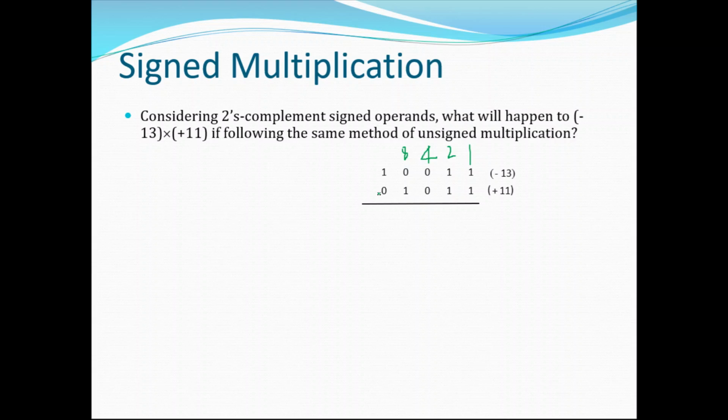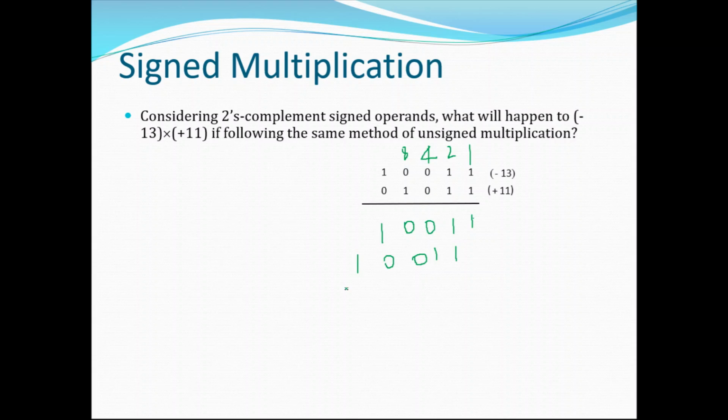Now perform multiplication. If you perform multiplication, what will you get? Multiply this 1 with this, so you get the same thing, 10011. Again multiply by 1, so again 10011. It's normal multiplication, right? Nothing special.